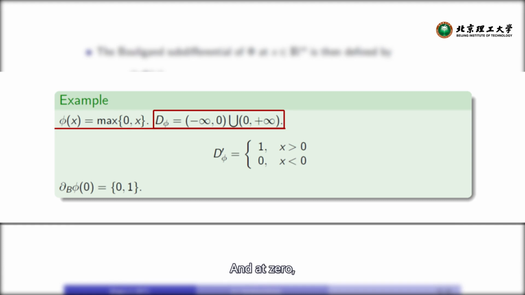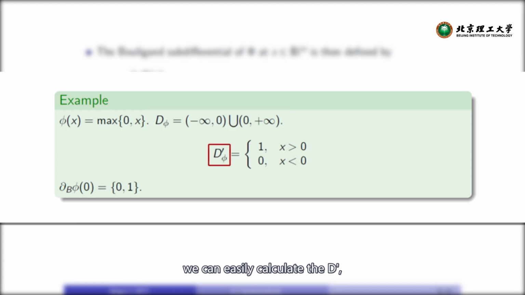And at 0, this is the main point we will think about. For other points where x is not 0, we can easily calculate the derivative, the Jacobian. For x greater than 0, it is 1, and if x is smaller than 0, it is 0.